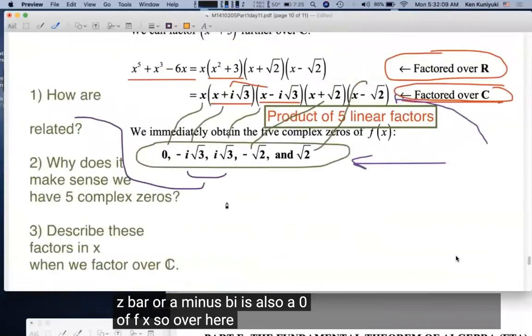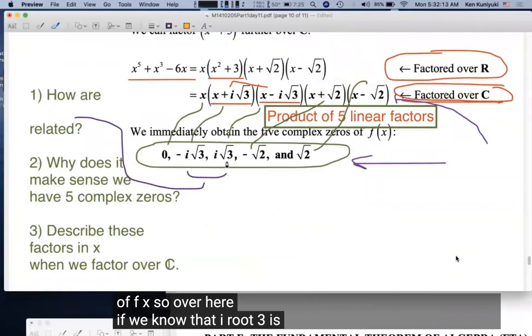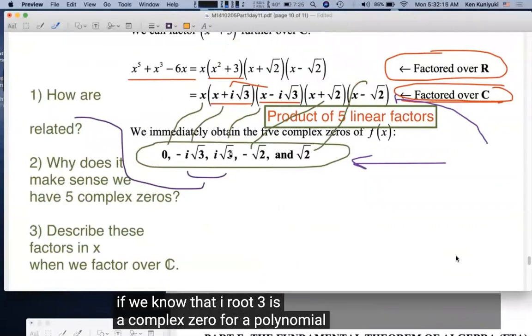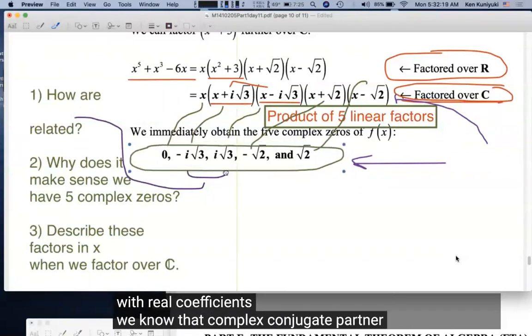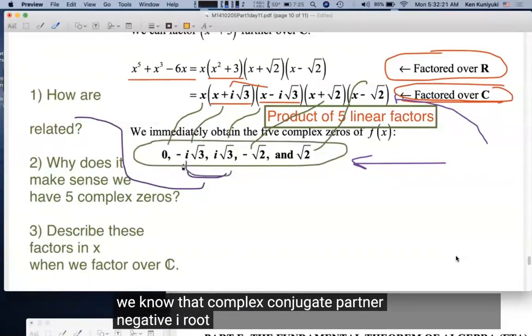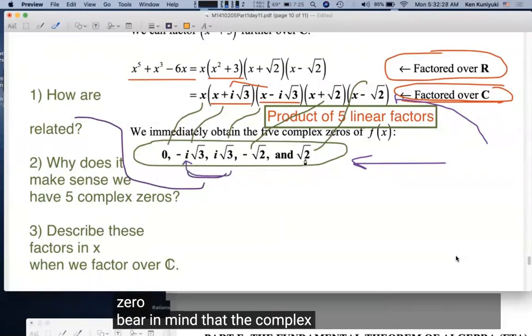So over here, if we know that i root 3 is a complex zero for a polynomial function with real coefficients, we know that its complex conjugate partner, negative i root 3, must also be a complex zero. Bear in mind that the complex conjugate of a real number is itself.